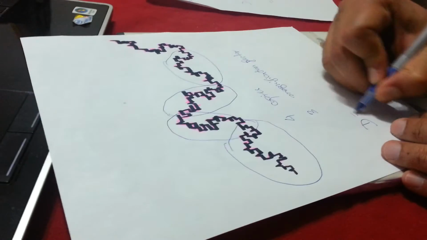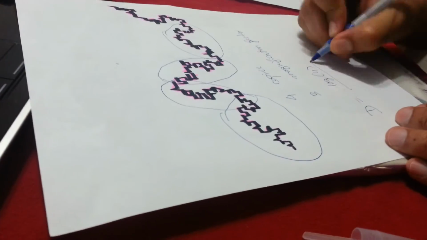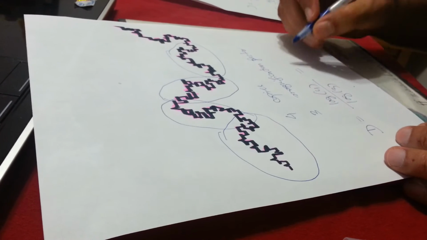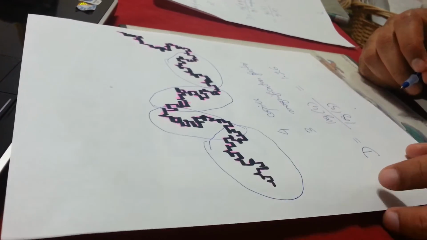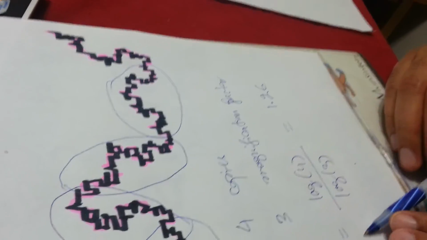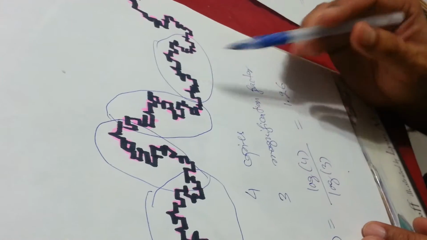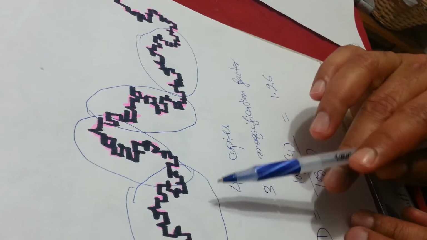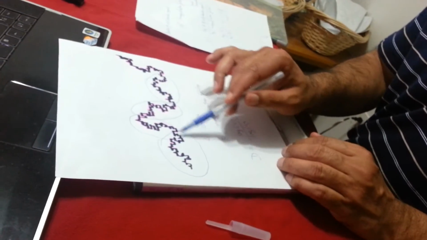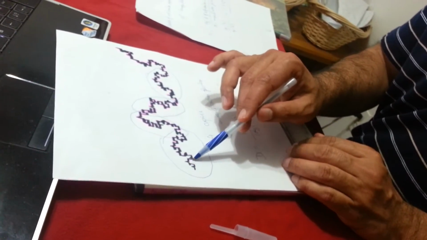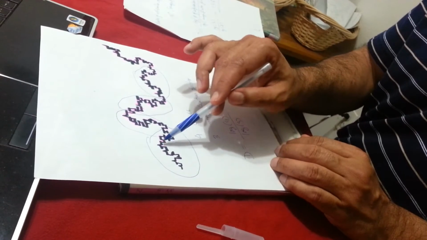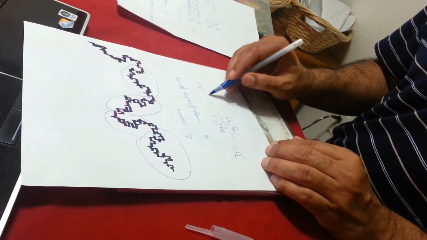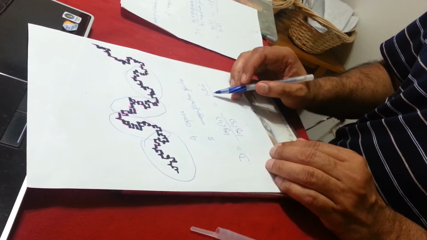So here the fractal dimension will be log of 4 divided by log of 3, which will be approximately 1.26, which basically means that this snowflake curve lives in a space which is in between one-dimensional space and two-dimensional space, because though it looks like a line, at the same time it is really undulating here, and it is trying to fill up the two-dimensional space. That's why this number comes out to be between 1 and 2.